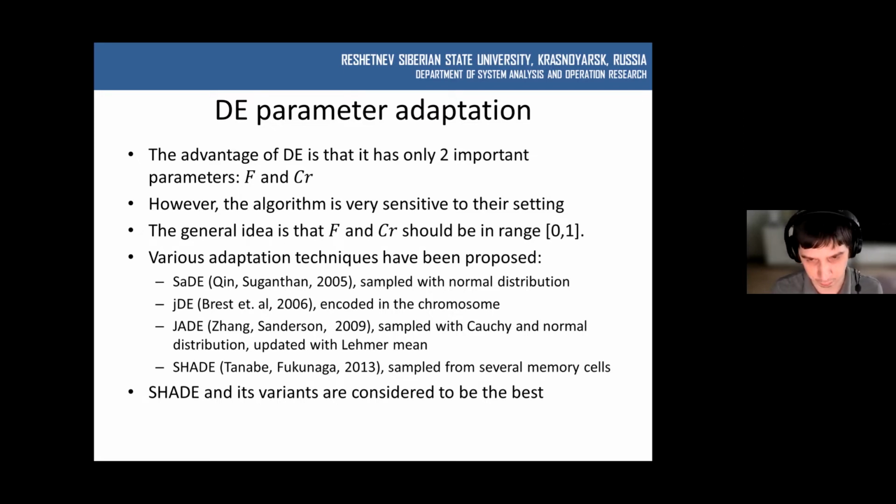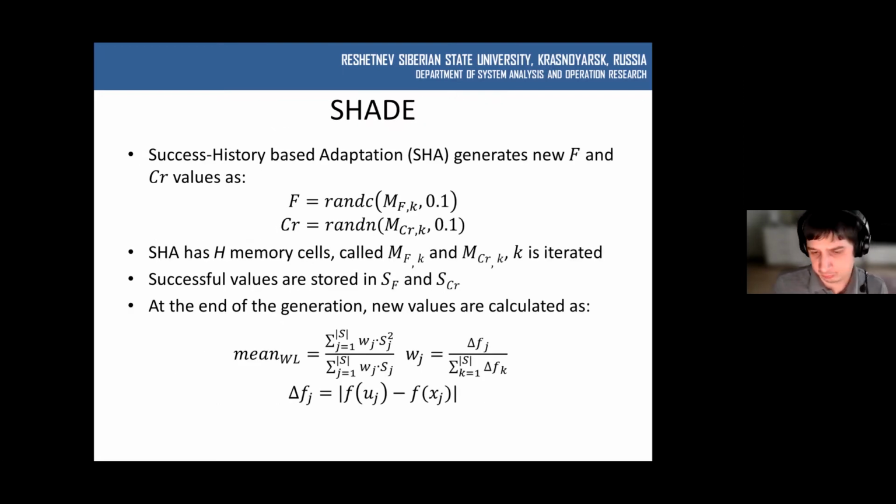There are many methods to tune them, and most importantly, you can see them on the slide. The SHADE algorithm, presented in 2013, is currently one of the most used parameter adaptation methods. It appeared to be very efficient. So let's consider how it works.